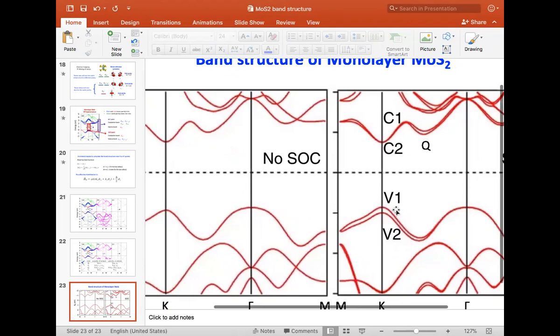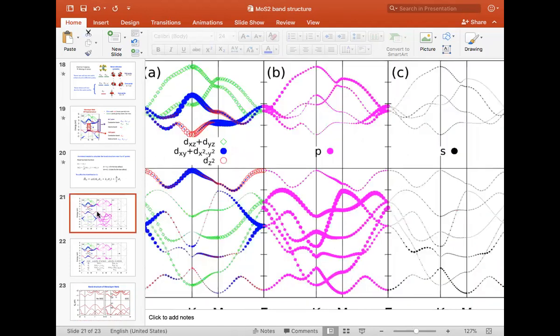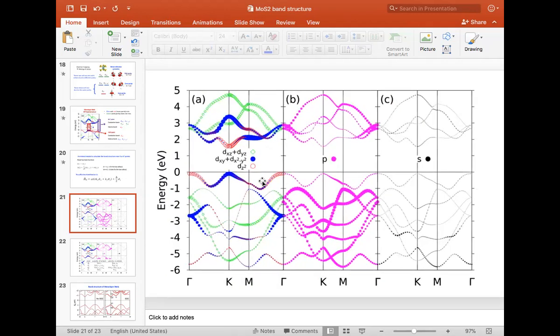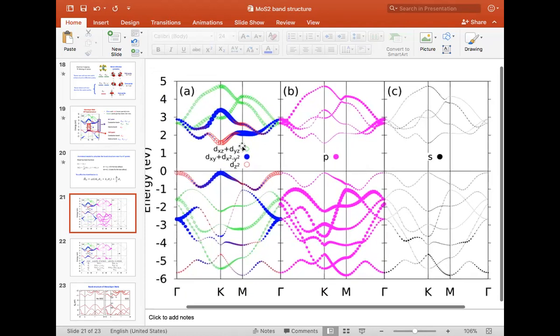Okay, so let's talk about this Q value here. Okay, you can see it is big. So why? You can basically understand this by using the m number. Okay, so let's go back to look at this band. So this shows you the band.